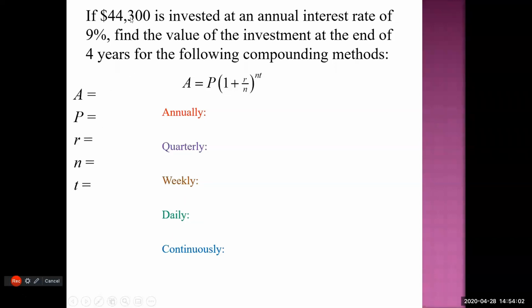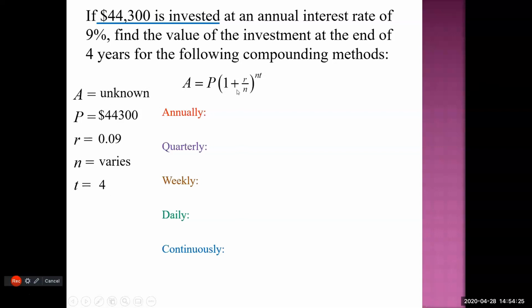So it's saying you have invested $44,300. So that's your P. And an annual interest rate of 9%. So that's my 0.09. And we want to find what A is at the end of 4 years. So that's our unknown.